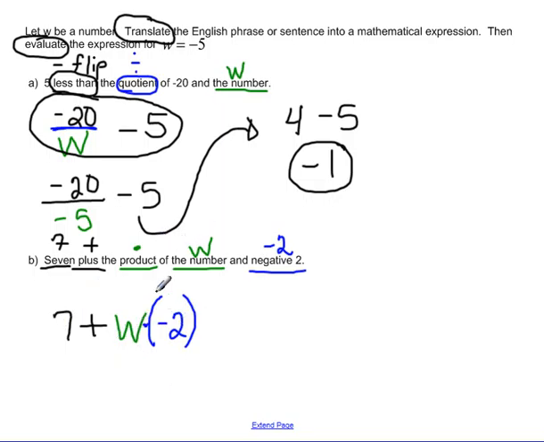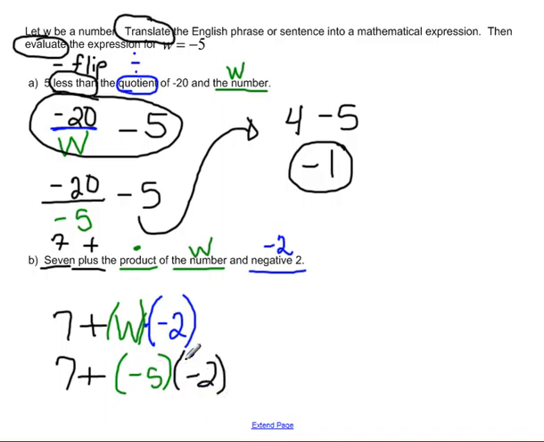Now, just like we did above, we're going to do an evaluation for W equals -5. So we have 7 plus W. Now our W is going to slip out, and in its place we're going to slip in the -5 times that -2, and then we're going to follow our order of operations.